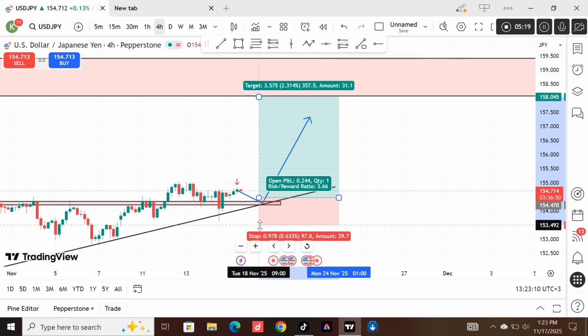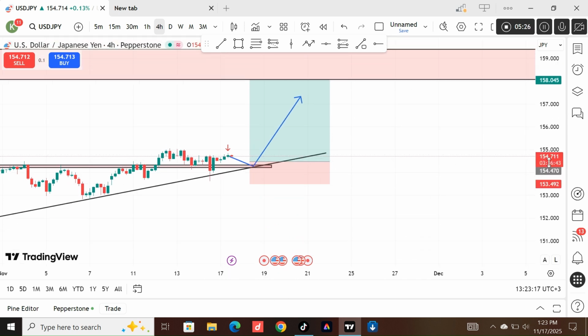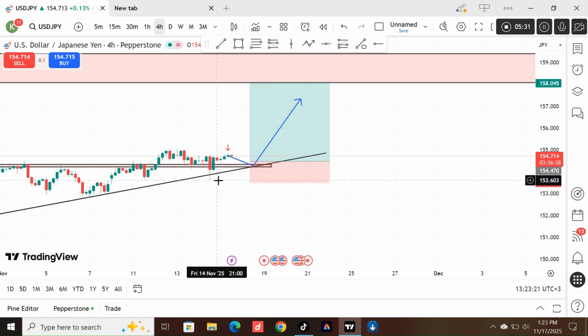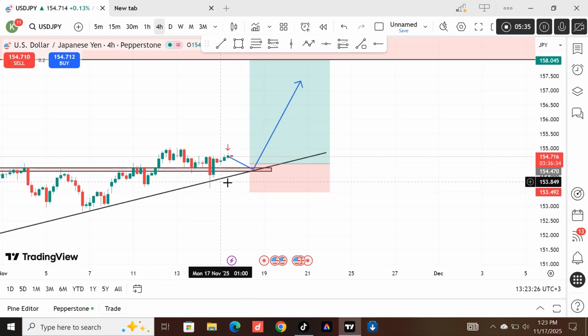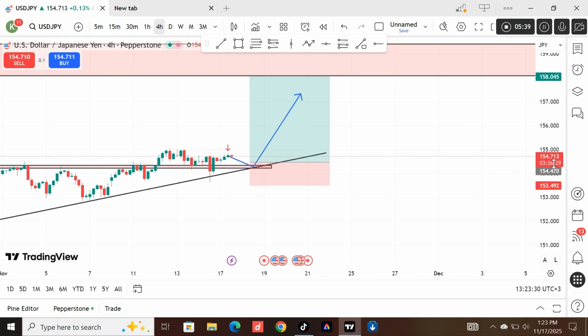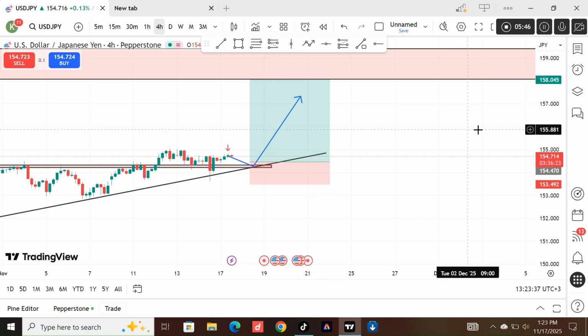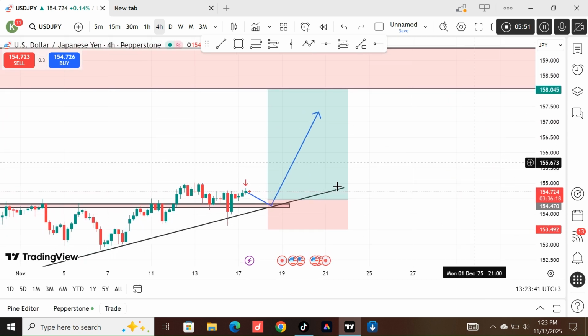So it should be around that area, because the market can actually easily come back all the way up to here before the buyers enter the market and continue buying. But for now, our stop loss should be just below the most recent lower high that the market formed. And now, as you can see, the number of pips to be collected is around 357 pips. So that's a very good pips, guys, to catch.